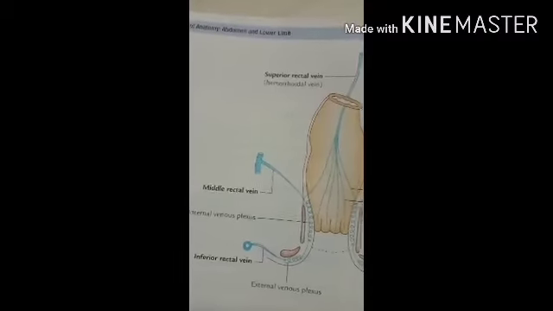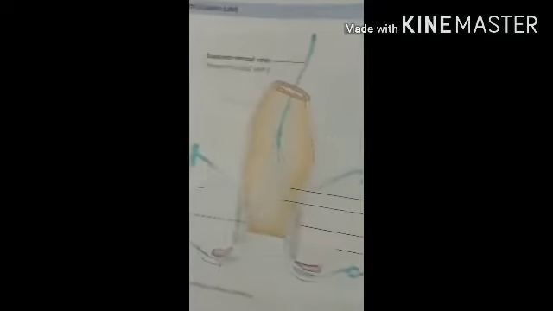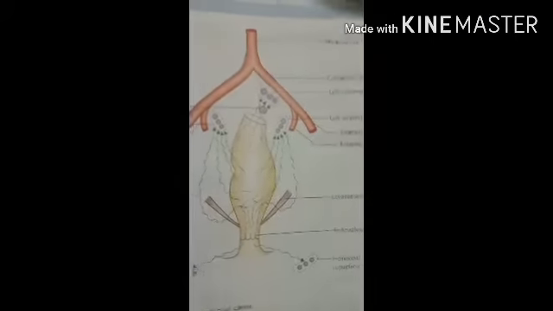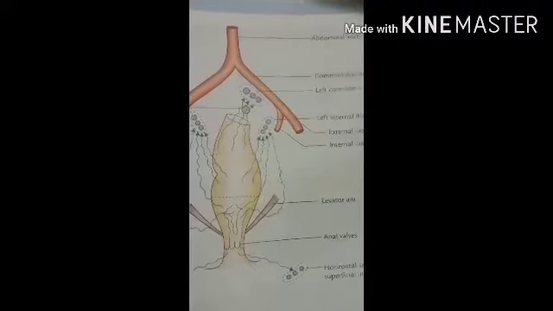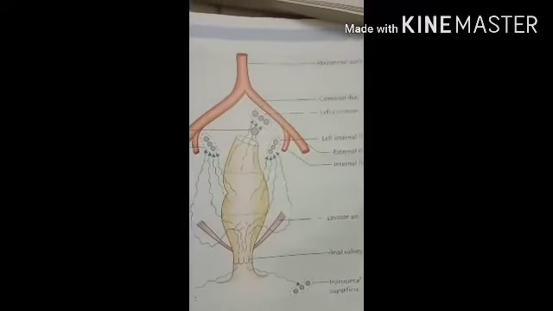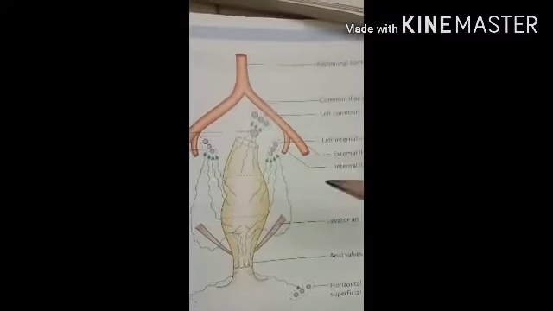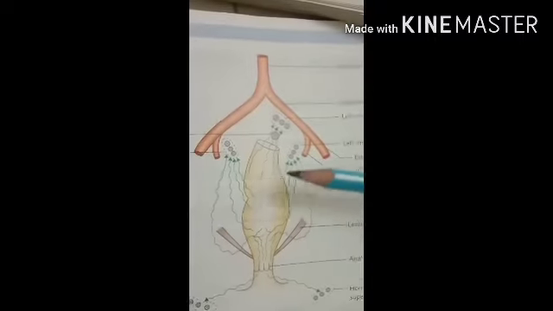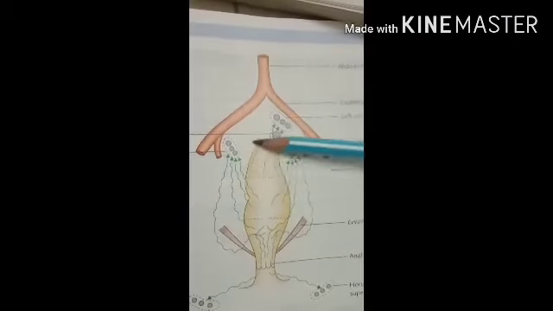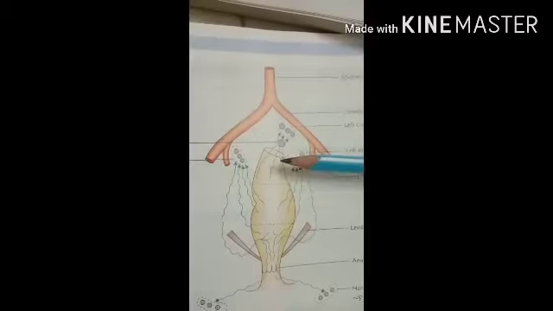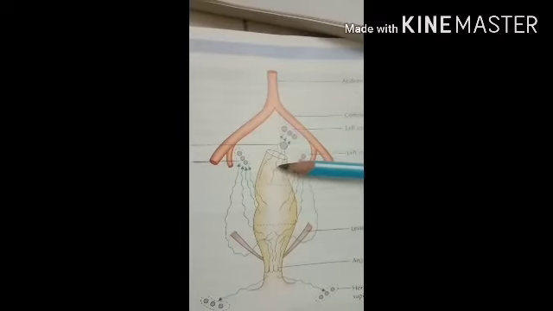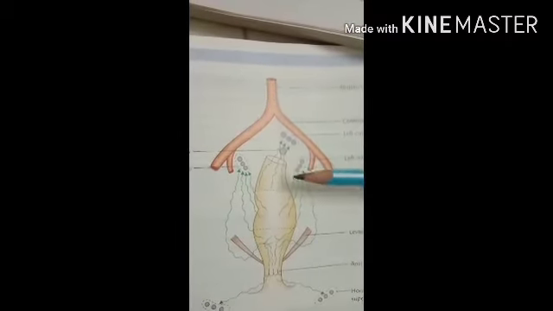Okay? Then the lymphatic drainage. Here you can see the lymphatic drainage. The lymphatics from the major part, the upper half of the rectum, pass along with the superior rectal vessels to the inferior mesenteric lymph nodes.